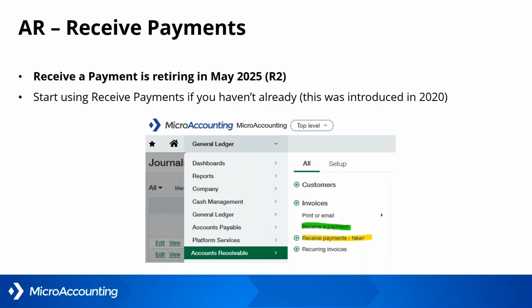In early 2020, we got the receive payments new option available, and as Intacct normally does when they make a significant change to a process, they keep the old way of doing it out there and let us slowly migrate and adjust without making a big switch overnight.